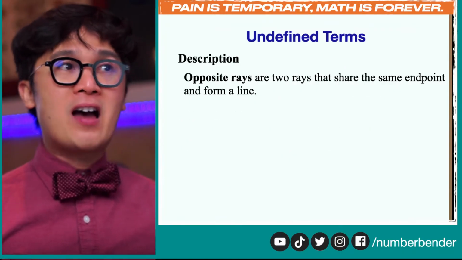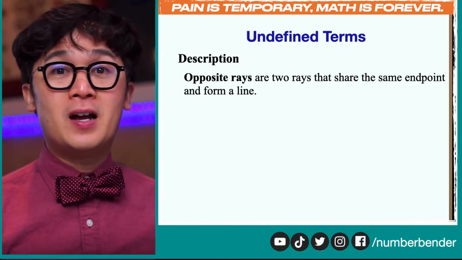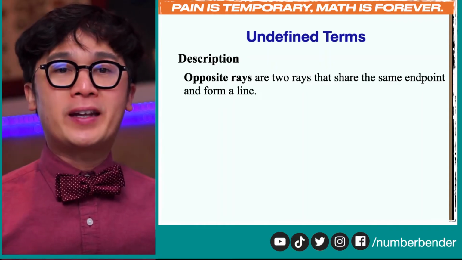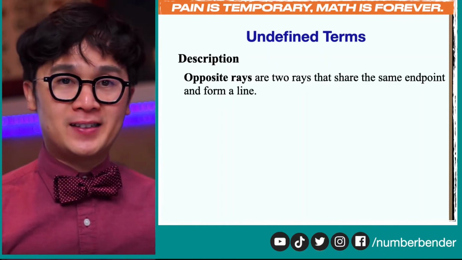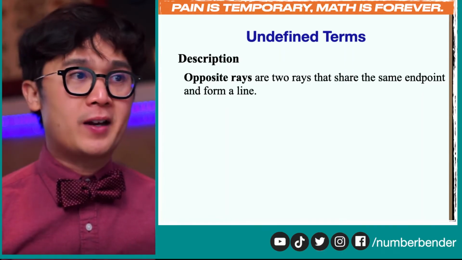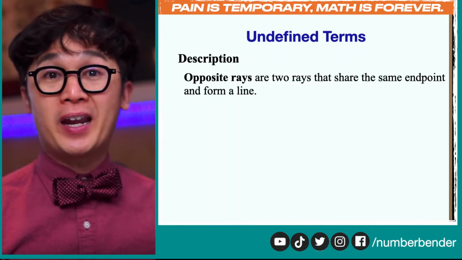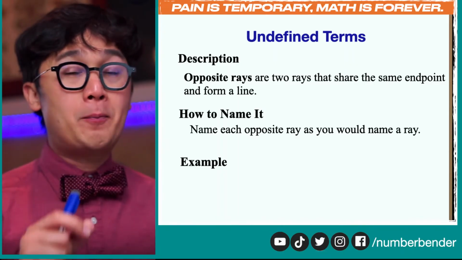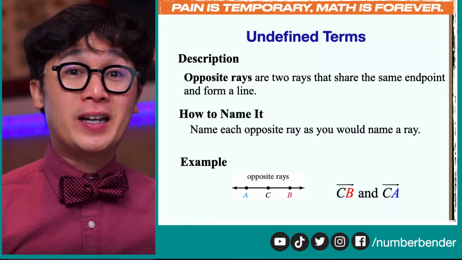And then we also have opposite rays. From the name itself, we have a line, and we can partition that line because we have a point that is common to those rays. So opposite rays are two rays that share the same endpoint and form a line. And this is how we name or illustrate opposite rays. We'll see a line and a point in between.